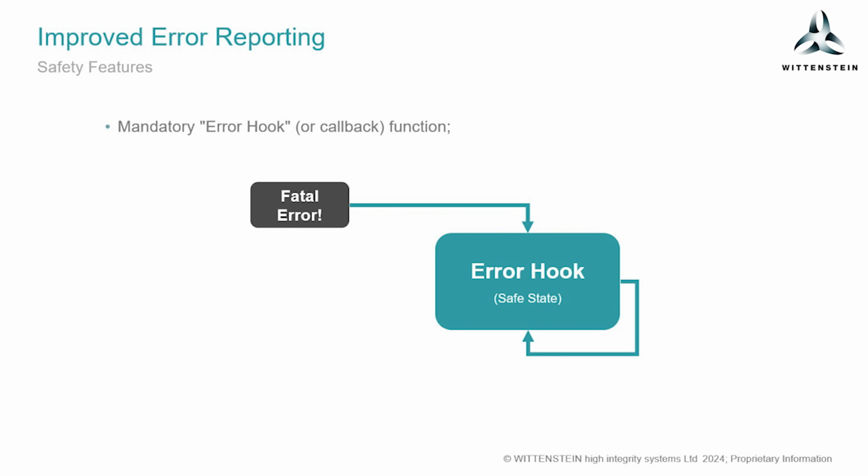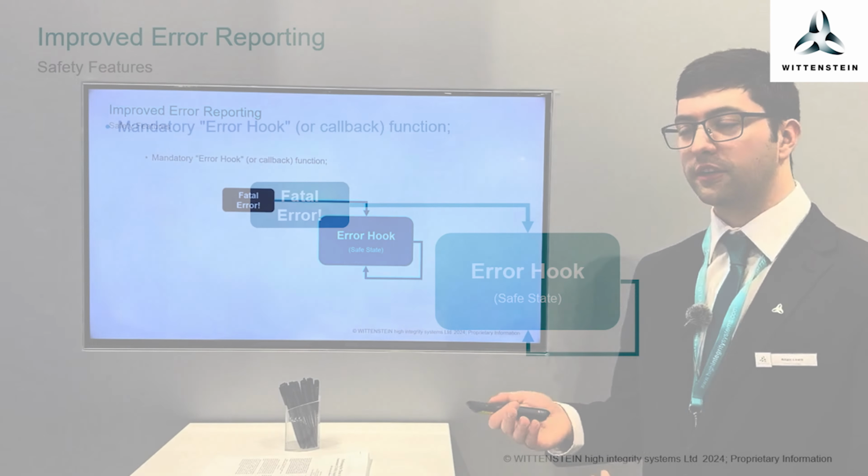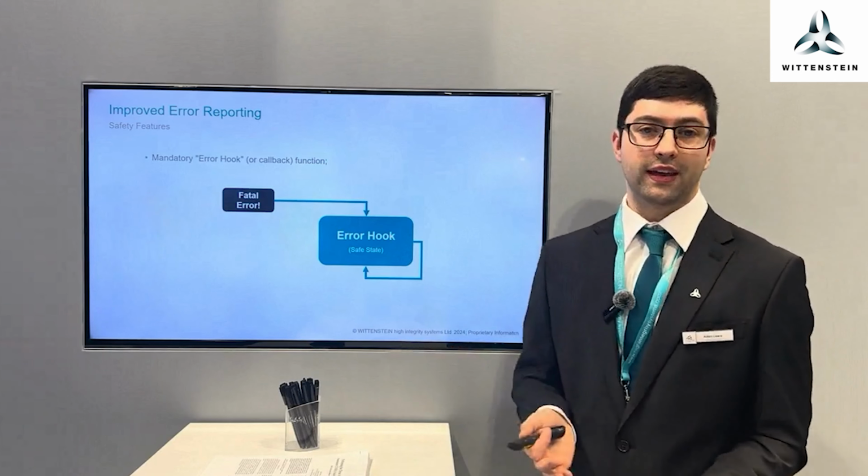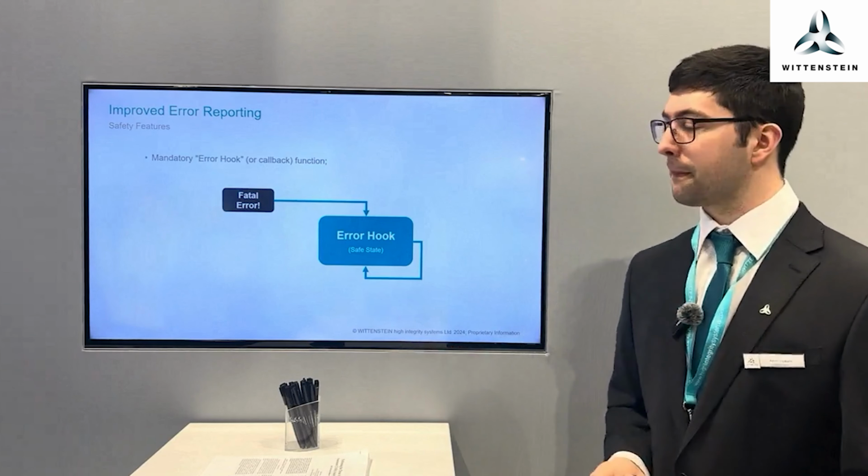If something like that happens, we will call the application-defined error hook. This function is essentially there so that the application can do whatever it needs to do to place the application into a safe state. Because we're a fairly general purpose operating system, we don't know what a safe state is for your particular system.